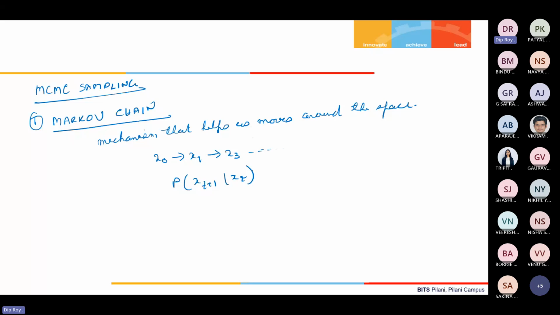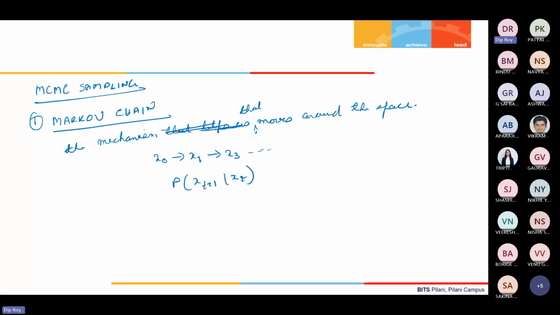So the Markov chain is the mechanism that moves around the space. By itself, it does nothing. When you go from one state to another and you create a chain, the Markov chain just represents how you move around that chain.